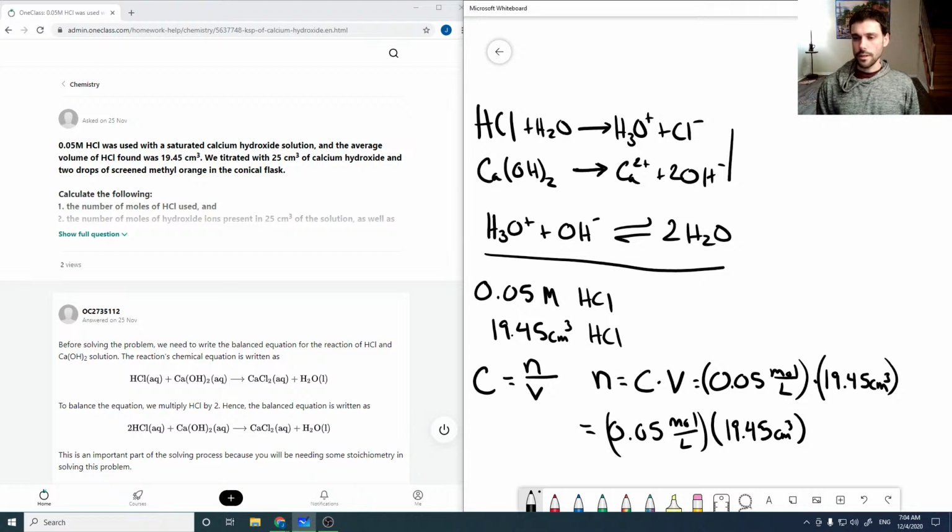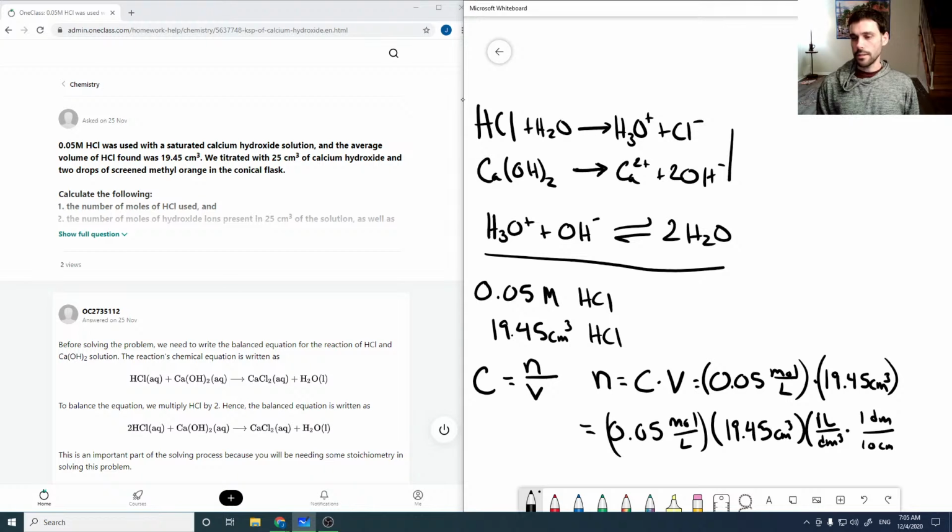So a liter is a decimeter cubed. So there's 1 liter per decimeter cubed. And there's a decimeter per 10 centimeters. Yeah, I should have done it this way.